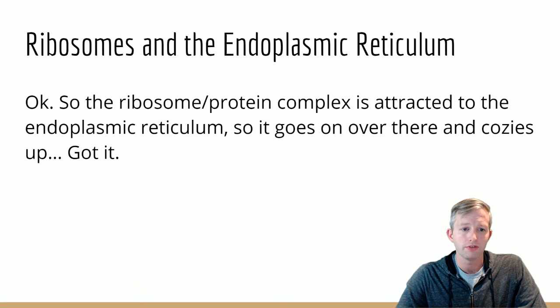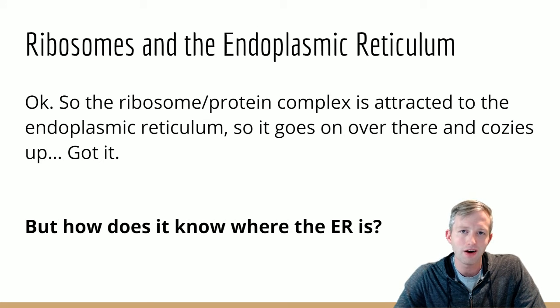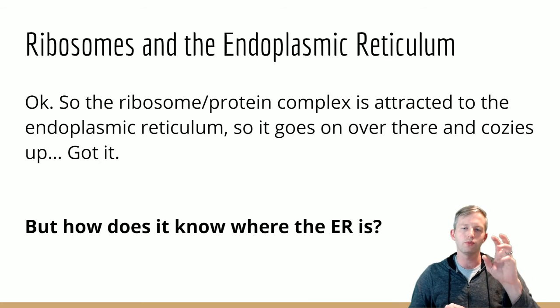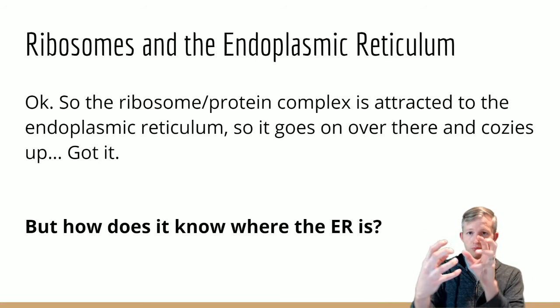So, if the ribosome or protein complex is attracted to the endoplasmic reticulum, it goes on over there, it cozies up, but how does it know where the ER is? And that's the next question. So think about that. How does the ribosome know where the ER is to even have this chemical attraction or interaction? Because it's not like you could have the ribosome on one side of the cell and the ER on the other side of the cell, and it's like a tractor beam pulling them together.